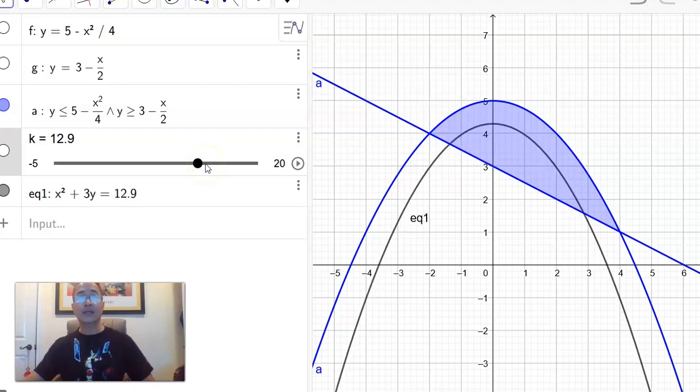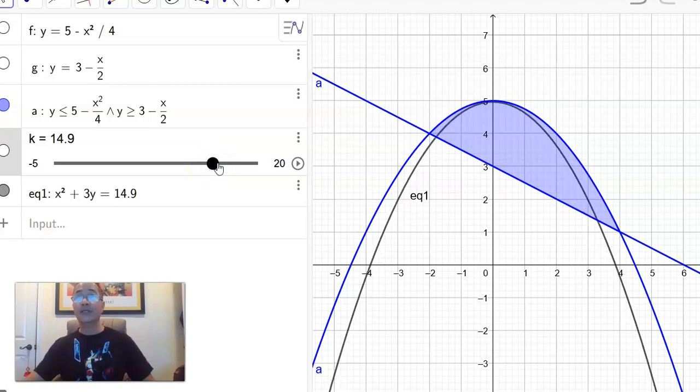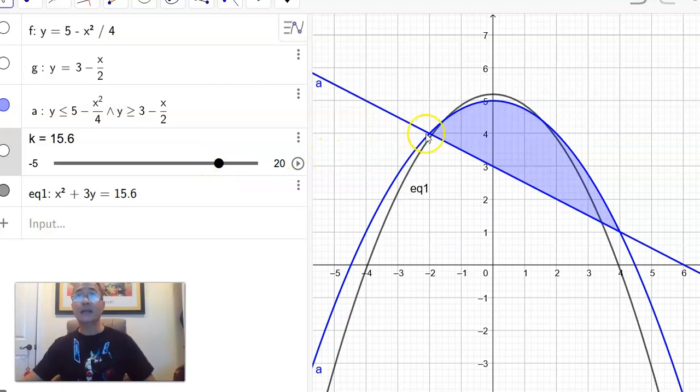Okay, so yeah, density 13 something, 14 something. Ooh, okay, so we have reached the vertex of our plate. Okay, you can still keep going a little bit. Yeah, there are still some points in the plate with that density.